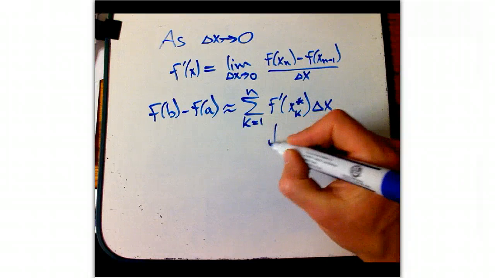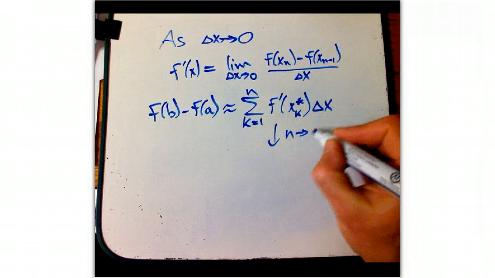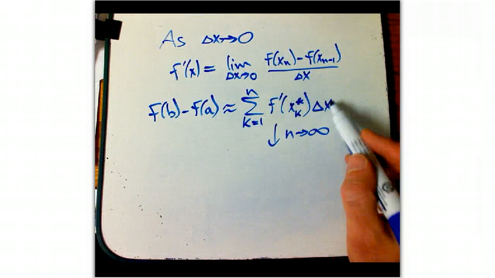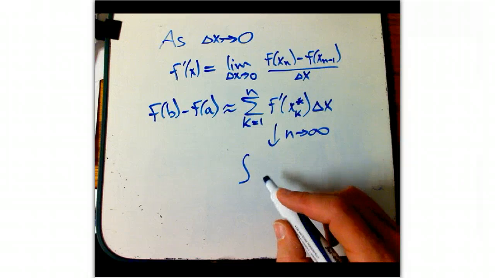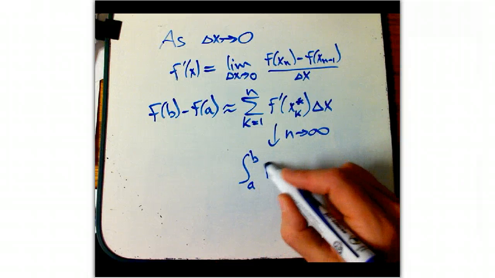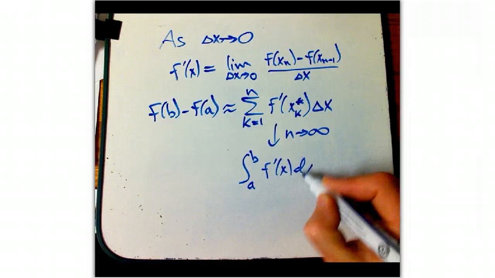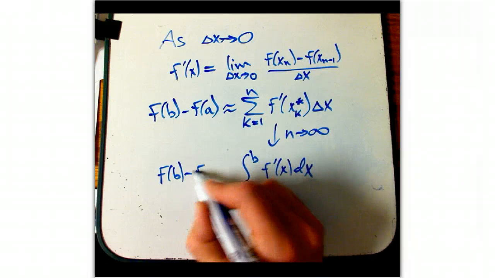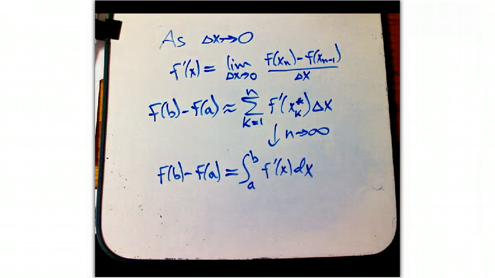Now, as I take n to infinity, we know what this turns into. The sum of a bunch of numbers times delta x turns into the integral from a to b of f prime of x dx. And that is now f of b minus f of a. Okay, so that is the fundamental theorem showing up.